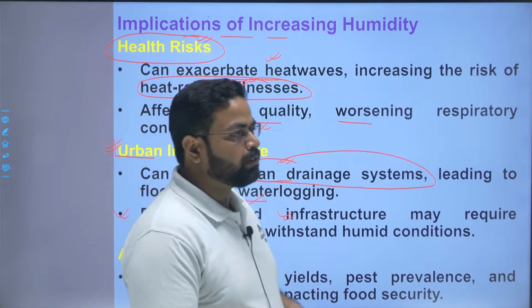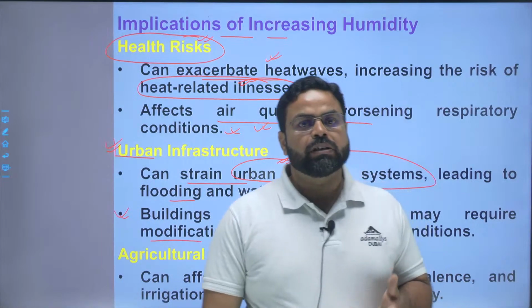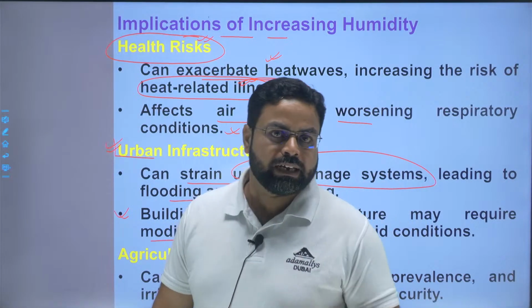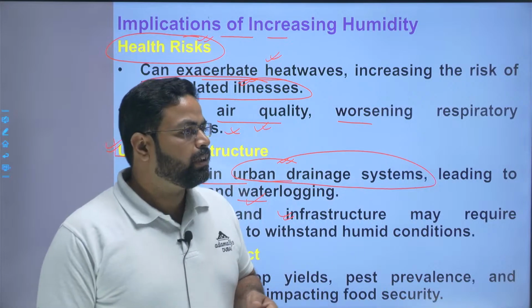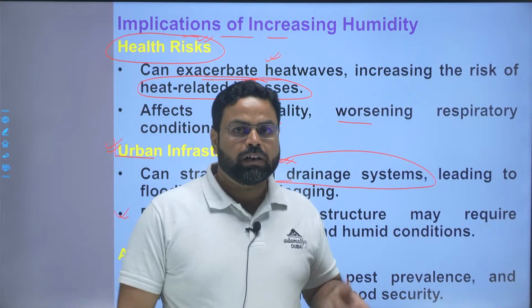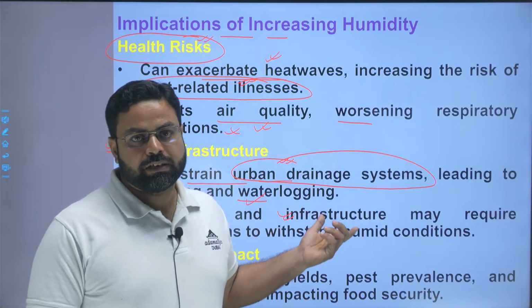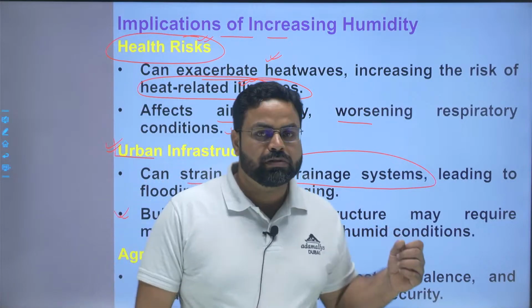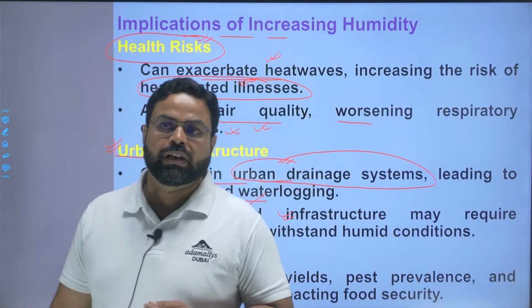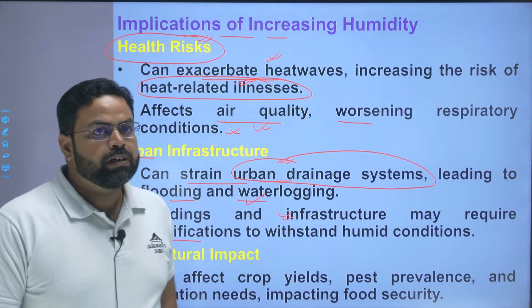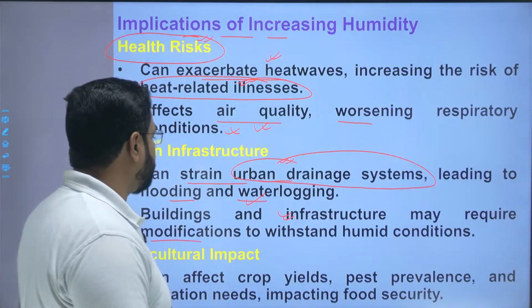Many of the buildings at present are not designed in such a way that they can handle high humidity or waterlogging conditions, like that which was witnessed recently in the last summer monsoon season in New Delhi, where the waterlogging took a toll on the students.